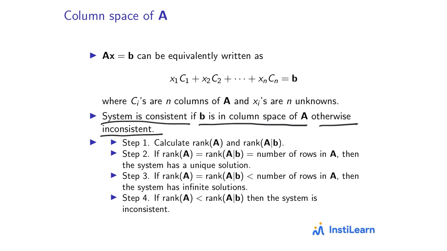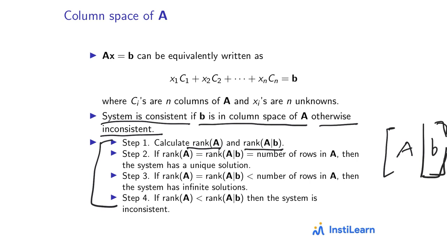Based on this observation, we can perform the following steps to check consistency or inconsistency of a system of linear equations. The first step is to calculate the rank of A and the rank of the augmented matrix AB. What is this? You write the matrix A and then you attach a column b to the matrix, and this is the augmented matrix AB. You calculate the rank of these two matrices.